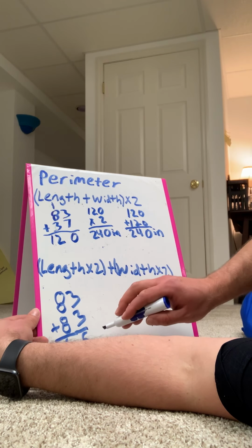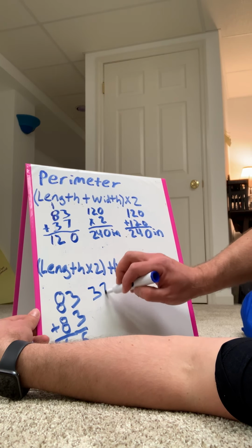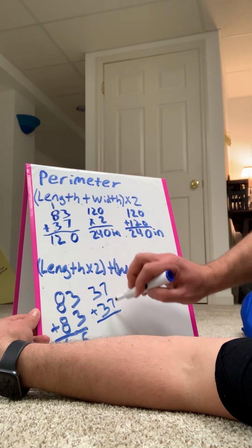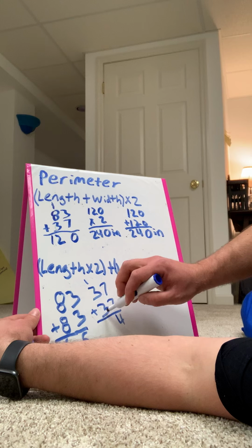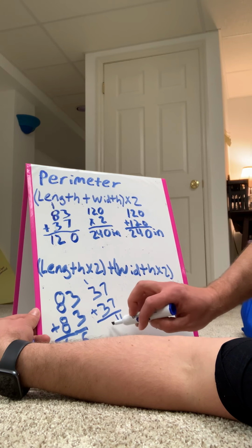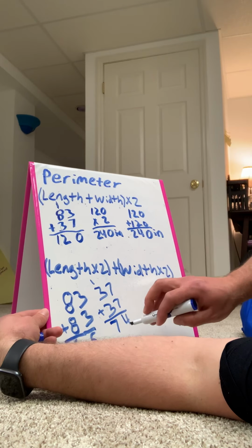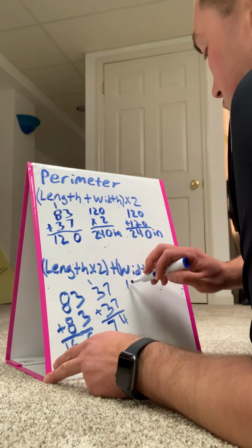So 166 if we doubled the length. Doubling the width, it's 37 and 37. 7 plus 7 is 14, carry my 1. 1 plus 3 plus 3, that's going to get me to 7. So 74.